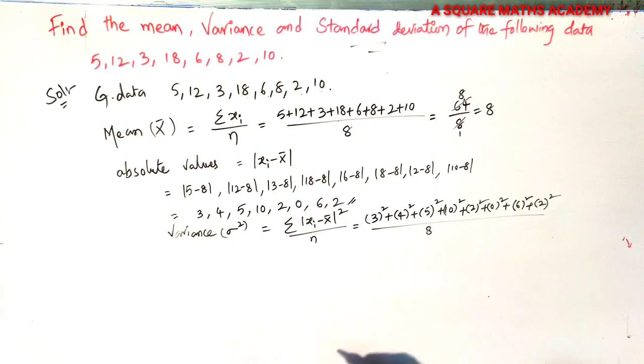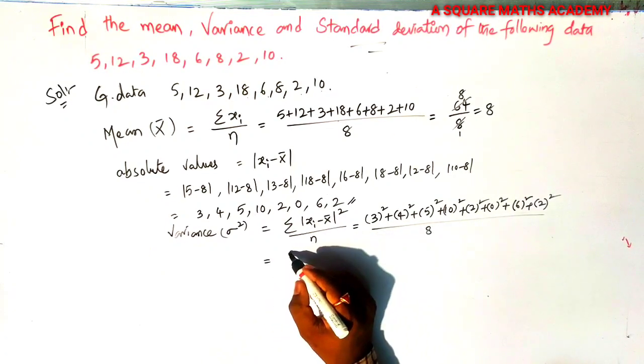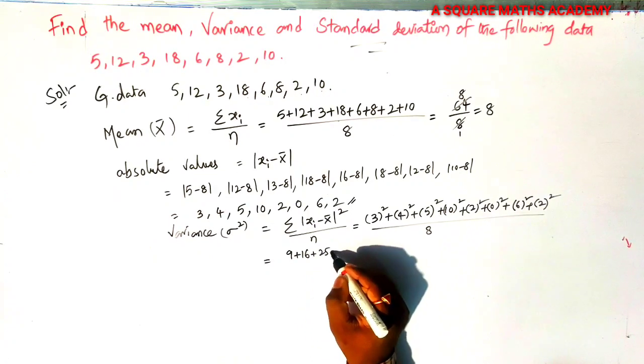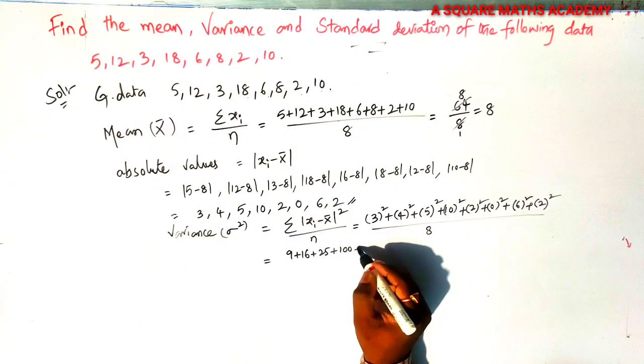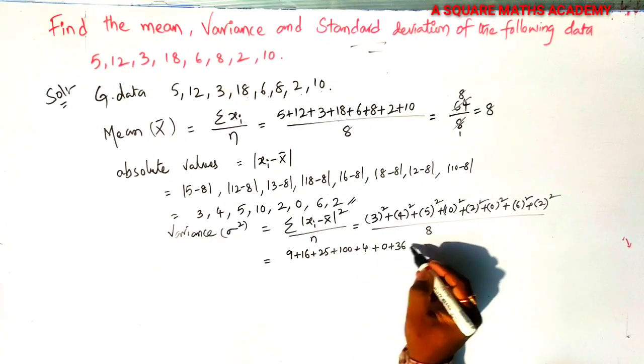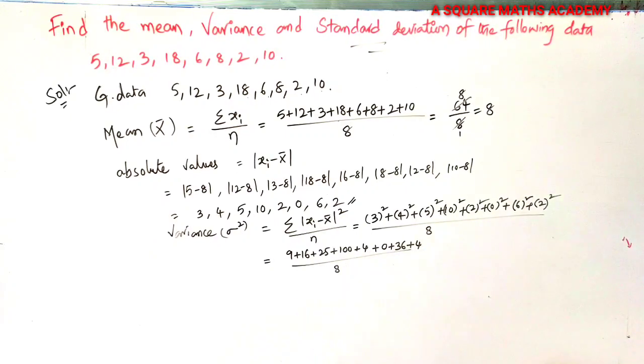So clear, total number of observations again we get here 8, clear? So that equals to what we get here, 3 square is nothing but 9, 4 square 16, 25, 100, 4, 0 square is nothing but 0, 36 plus 4 divided by 8.